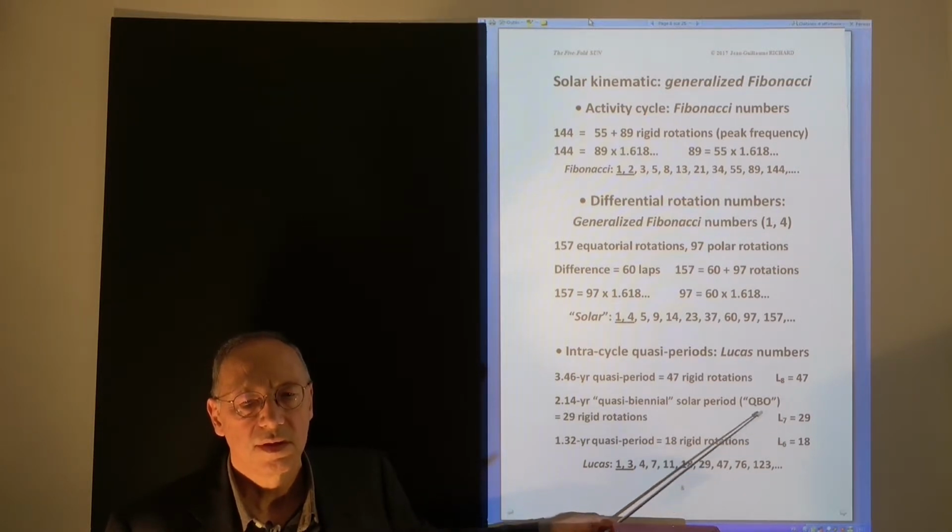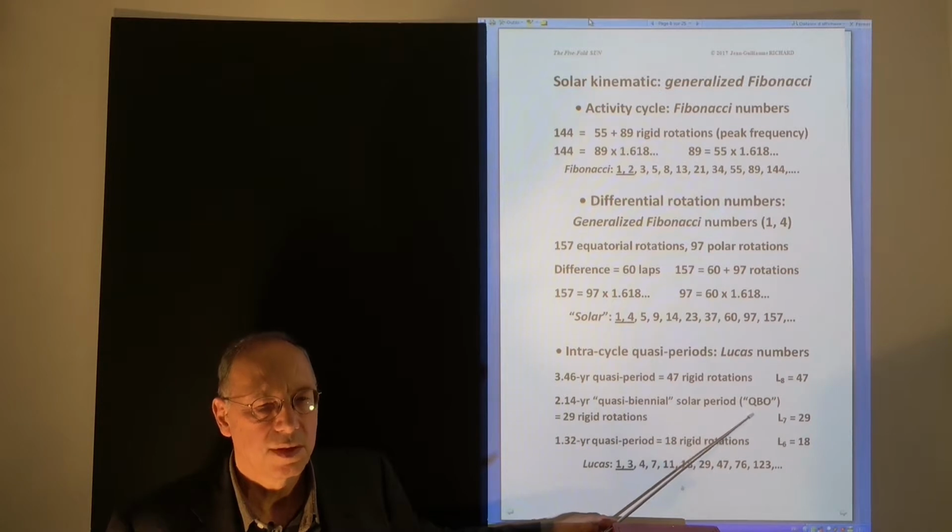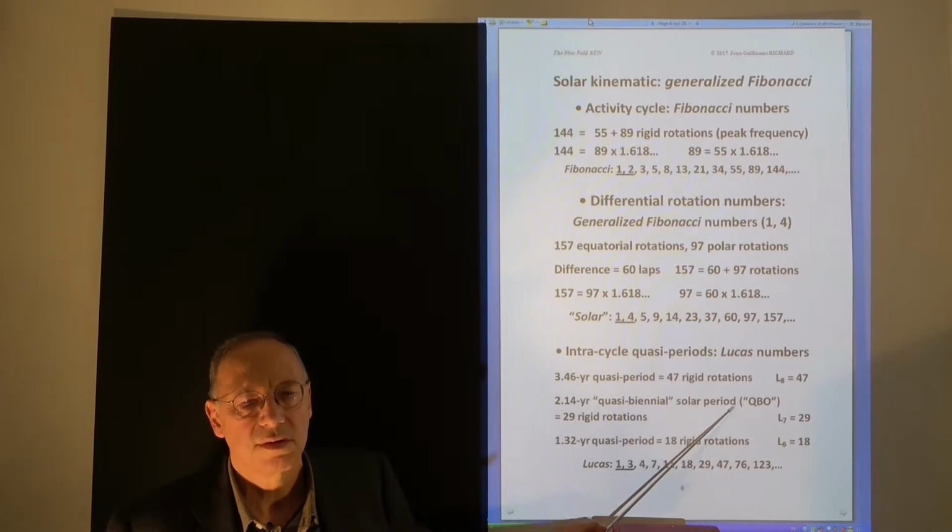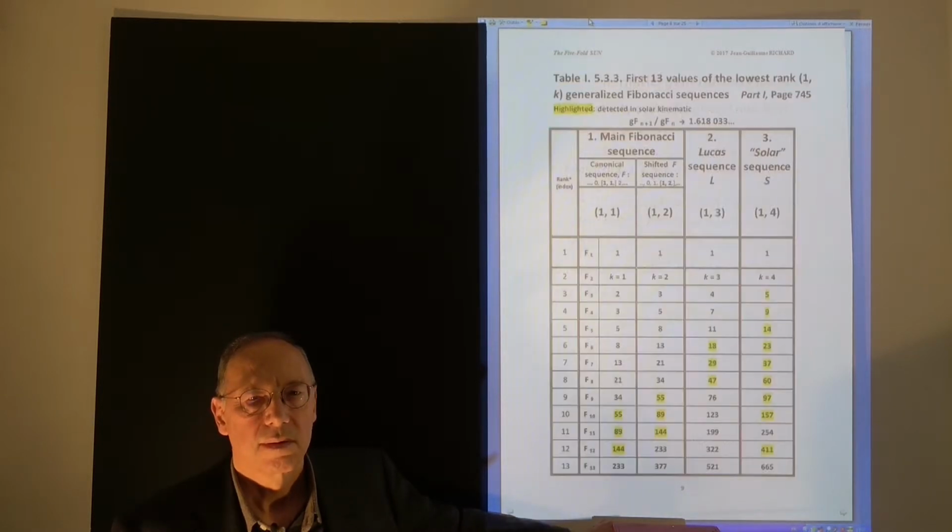For instance, the well-known QBO, the quasi-biennial solar period of about 2.14 years, equals 29 rigid rotations. 29 is the 7th Lucas number. Same for these companion quasi-periods about the quasi-biennial central period. The Lucas numbers are 1, 3, 4, 7, 11, etc.